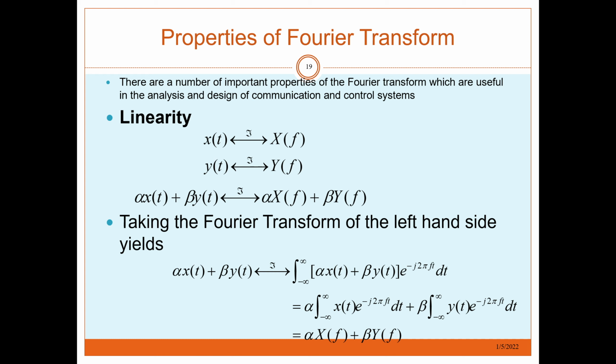Alright, so just now was the basic pairs. Now we will learn about the properties of the Fourier transform. The first property is linearity. I mentioned in the first part that we want to chunk this signal into different functions, so this one can be added to this one, so it has to be linear.